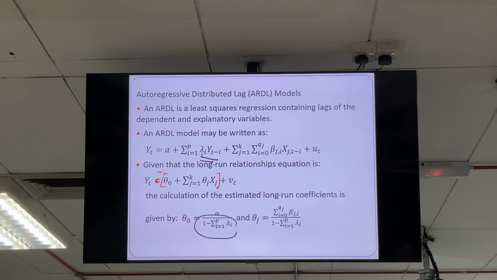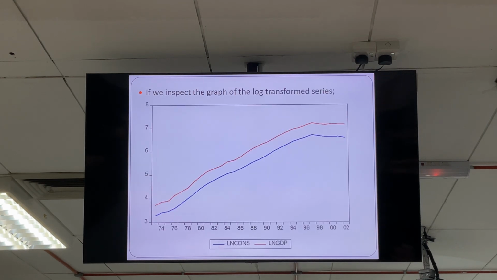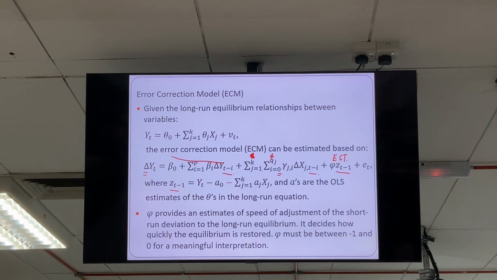From the long run, it is actually the difference between your y and the y hat, the estimated model. So this is your ECT, lagged by 1 period. It refers to the residual from the long run, lagged by 1 period. So this is the error correction term.